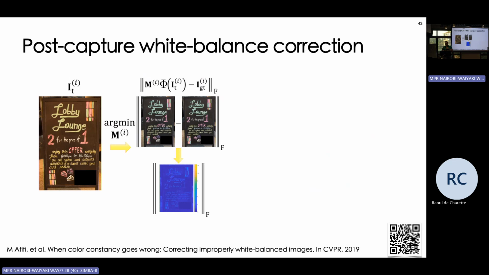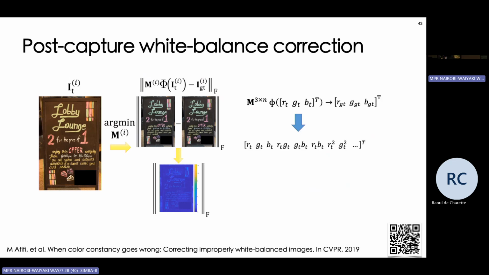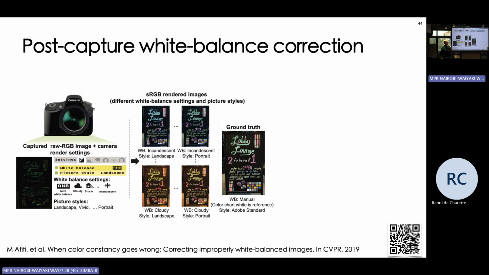We can simply project the RGB colors of the image into a higher dimensional space, like a polynomial kernel, and then we just fit a polynomial coefficient matrix to map from here to the RGB of the ground truth. Just very simple. But in reality, we don't have the ground truth, and our goal is just to predict the mapping function M, right? So it's just a data-driven approach, not learning based.